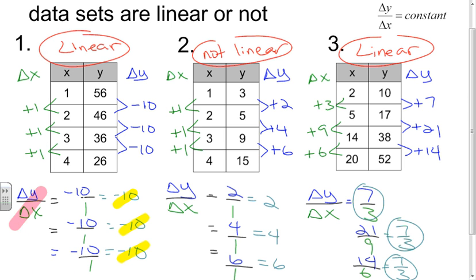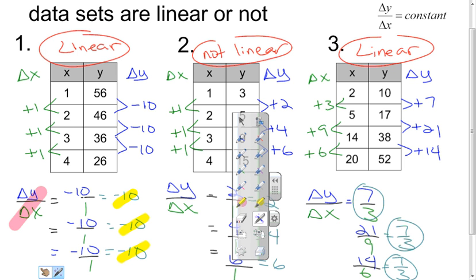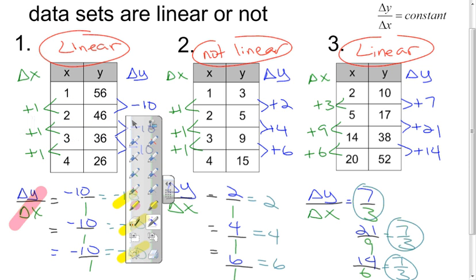So, a quick compare and contrast. I call this first problem the easiest rendition of linear change in a data table, where all the delta y's match and all the delta x's match. So obviously, all the ratios match. The one in the middle, you have to be a little more careful because you get lulled into the idea, well, 2, 4, 6 is a pattern, so it must be linear. But that's not the case, because when I do the ratio of 2 to 1, 4 to 1, 6 to 1, I get something different in each value.